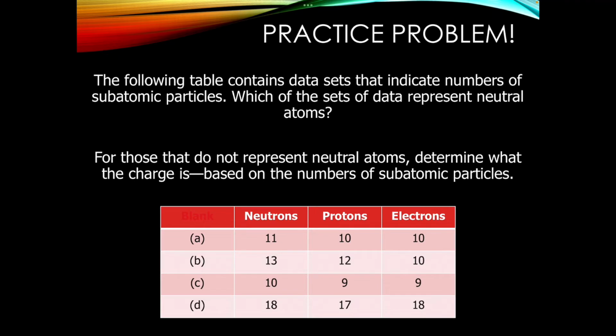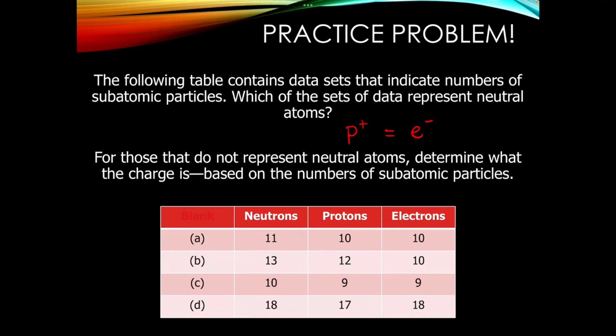All right, so let's go ahead and do a practice problem. The following table contains data sets that indicate numbers of subatomic particles. Which of the data sets represents neutral atoms? Remember, to be a neutral atom, the number of protons must equal the number of electrons.